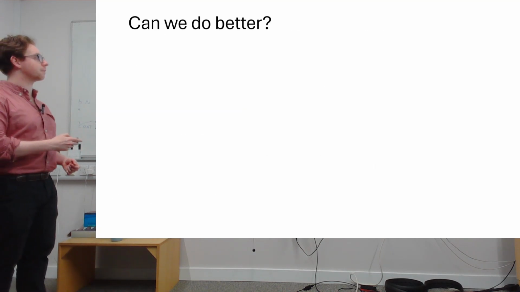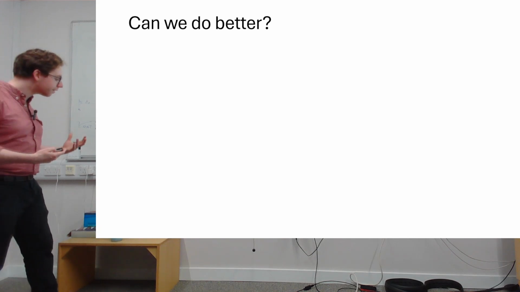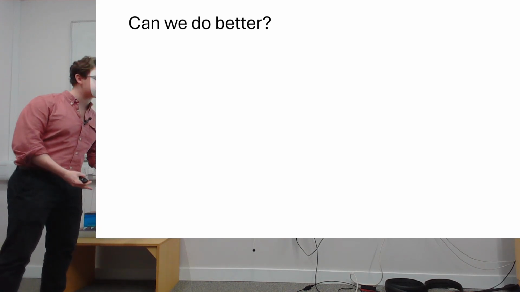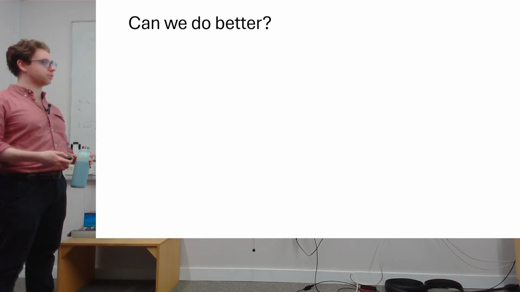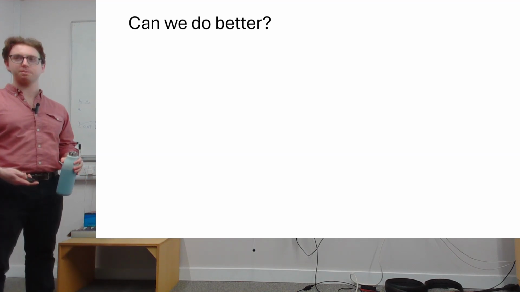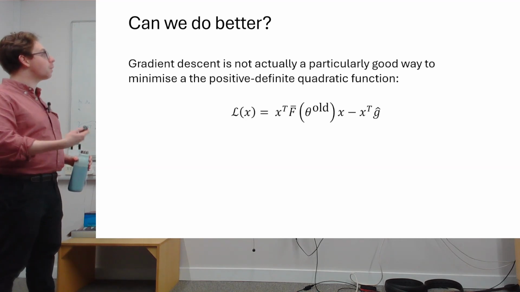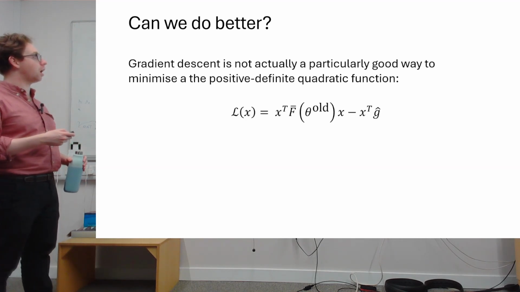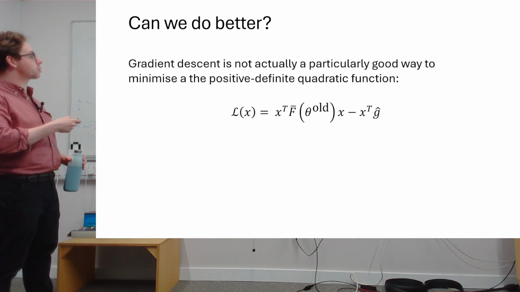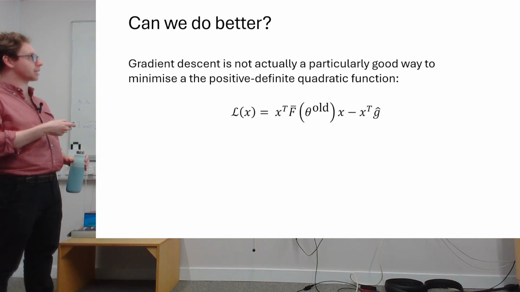Cool. Okay. So it turns out that doing gradient descent is not the best thing you can do. You could do this and it will get you an approximation, but it's not the best approximation you can use. A better way to do it: we're trying to minimize a positive definite quadratic function.